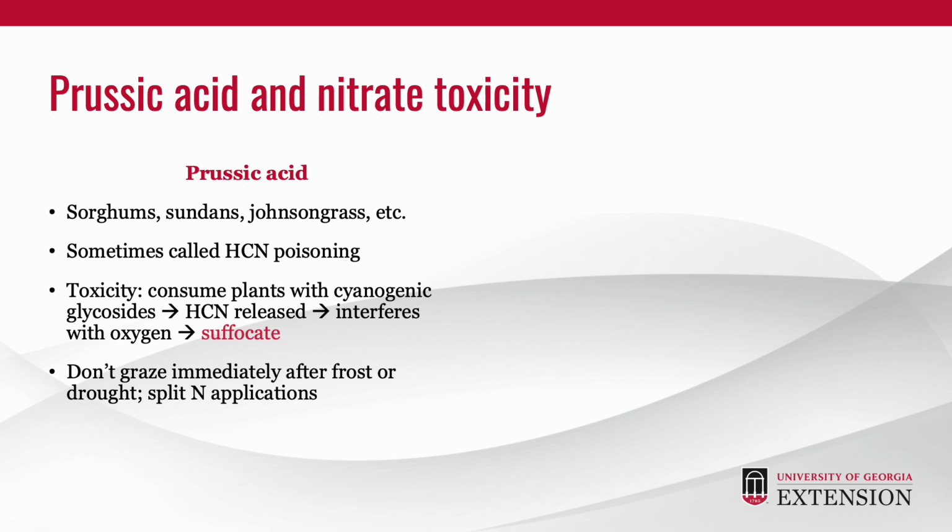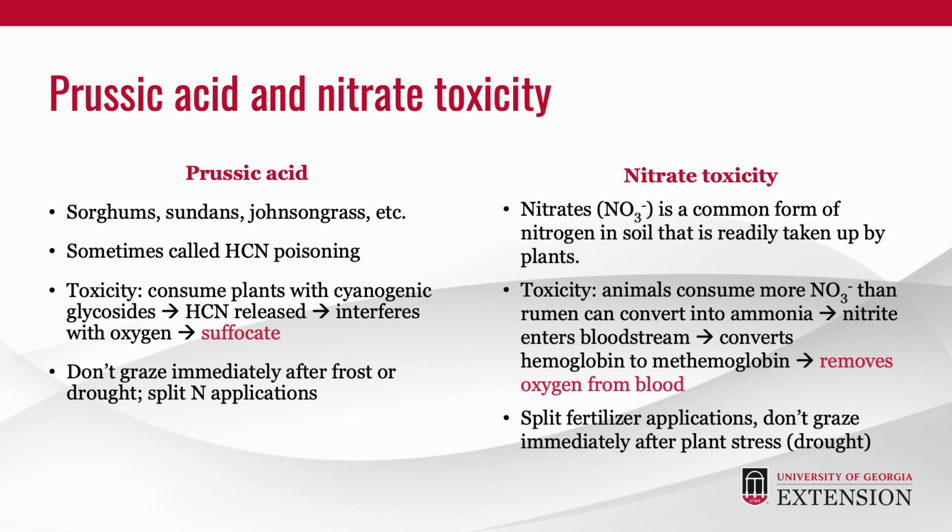So prussic acid and nitrate toxicity are pretty similar, as you can see here. Prussic acid is only occurring in sorghums, Sudans, things like Johnson grass, etc. You may see this called cyanide poisoning or HCN poisoning. The toxicity comes from when the animal consumes a plant with the cyanogenic glycosides.